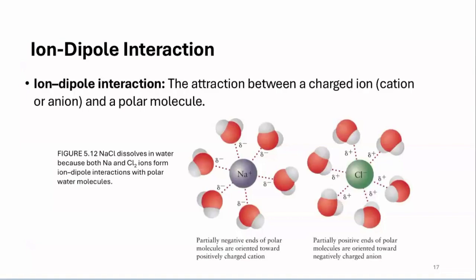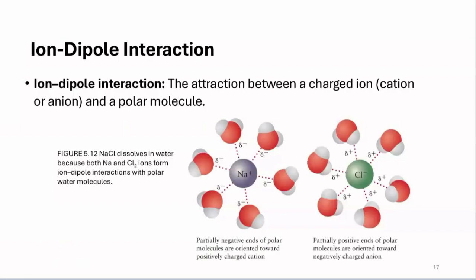First, let's look at ion-dipole interactions. An ion-dipole interaction is an attraction between a charged ion, which could be a cation or an anion, and a polar molecule. In figure 5.12, we have the illustration of the force between the sodium cation or the chloride ion with water.